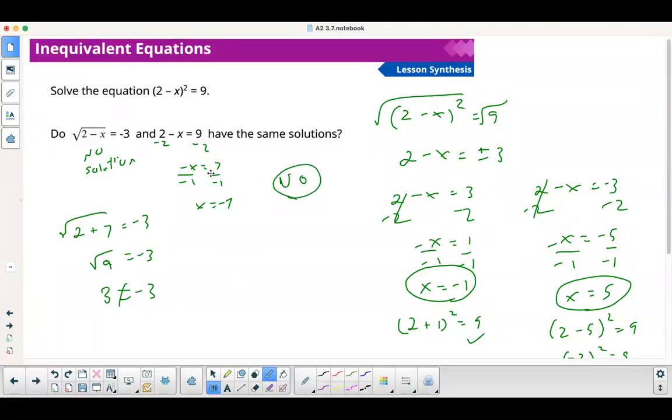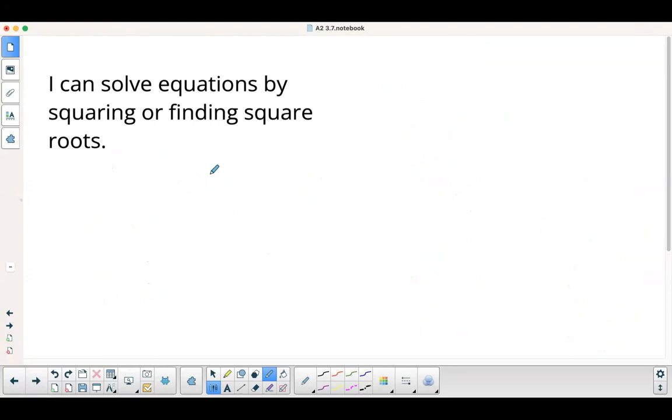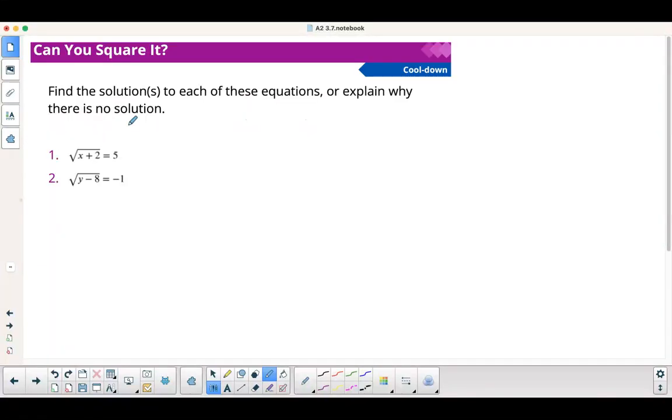Here's my work to explain it. So I can solve equations by squaring or finding square roots. I think so. Find the solution to each of these equations or explain why there's no solution. So for the first one, I'm going to square both sides.